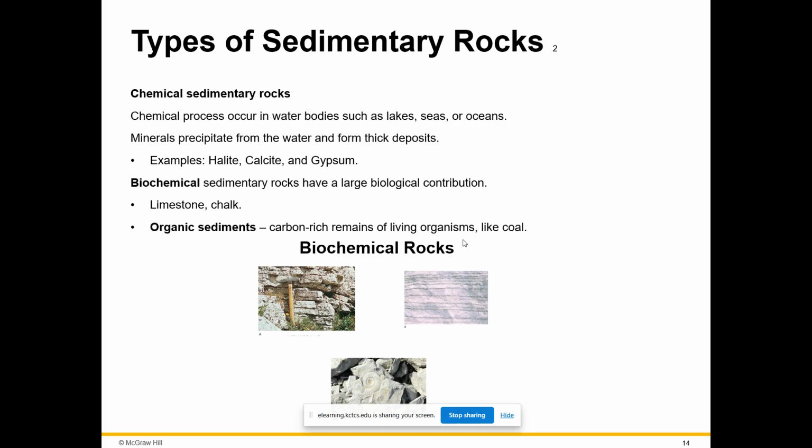And then we've got the chemical sedimentary rocks, so the halite, the calcite, the gypsum, these are all precipitates. And then they throw in biochemical as well, which is like your limestone and your chalk. So pretty much anything that has a lot of organisms in it. So here are some different limestones.